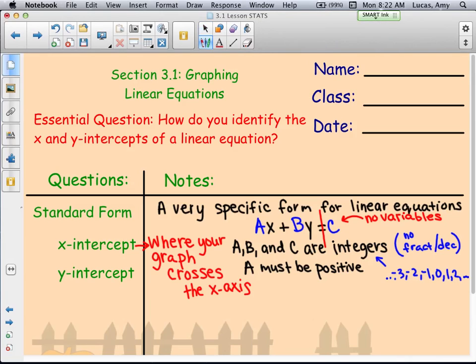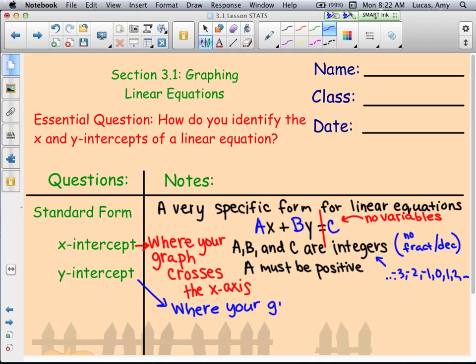And then, of course, the y-intercept is going to be where your graph crosses the y-axis.